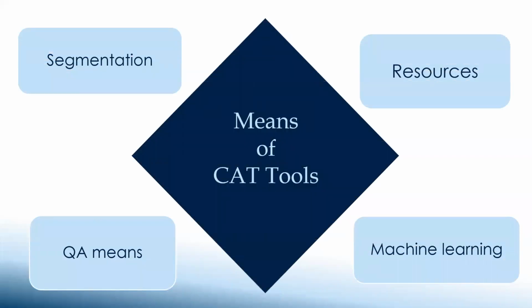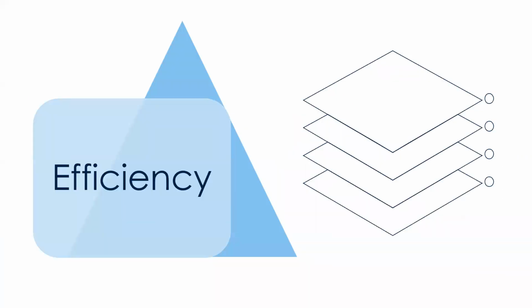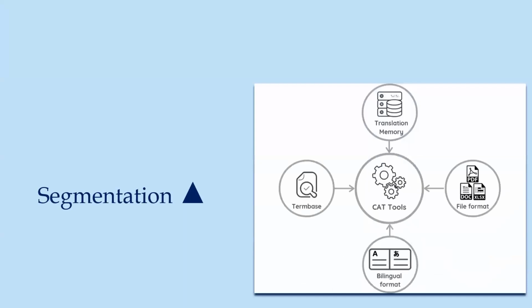So let us analyze and give examples by screenshots about these facilitation means, these assistance means. How are they efficient exactly? First of all, segmentation.